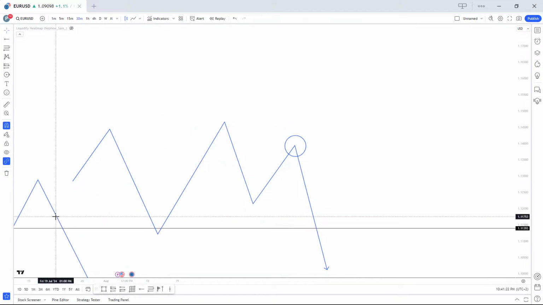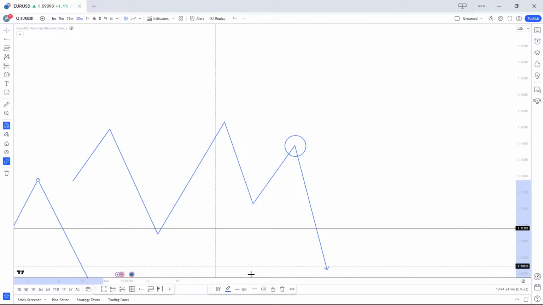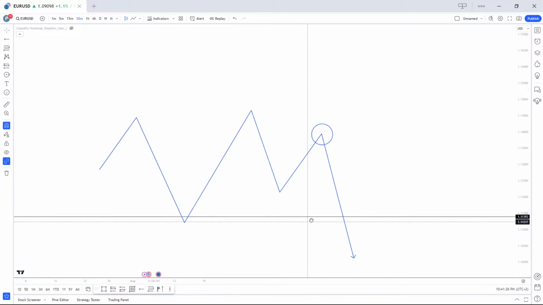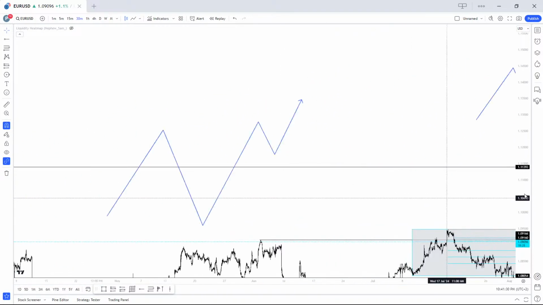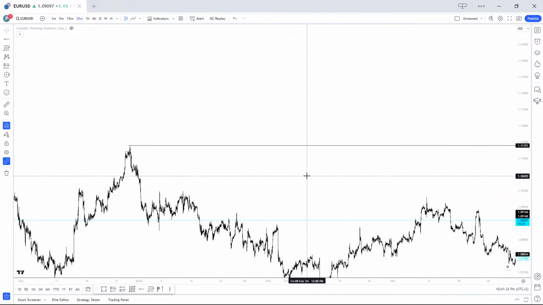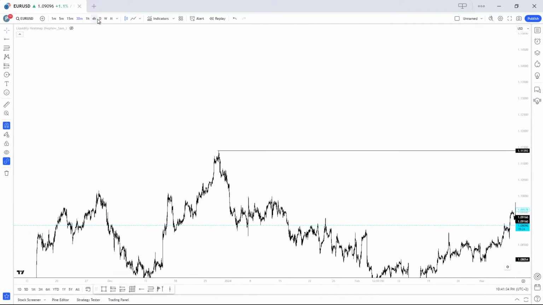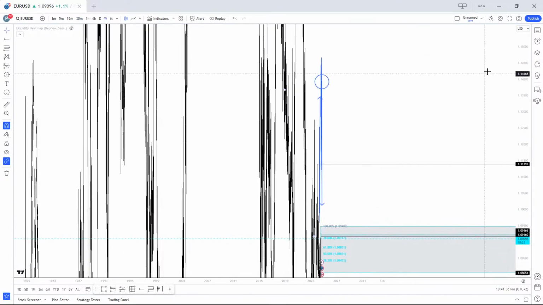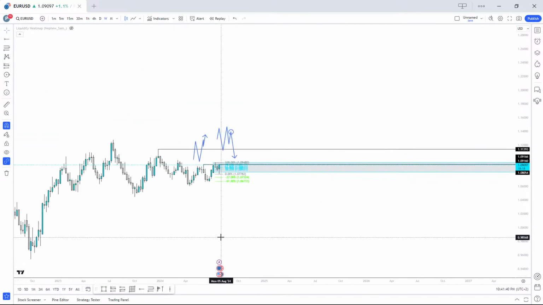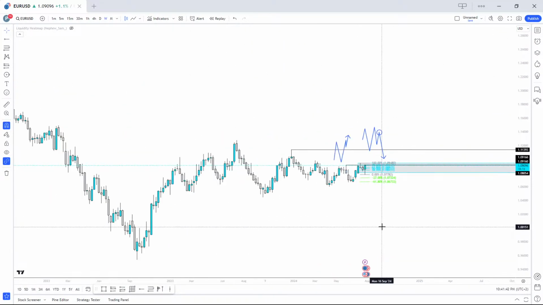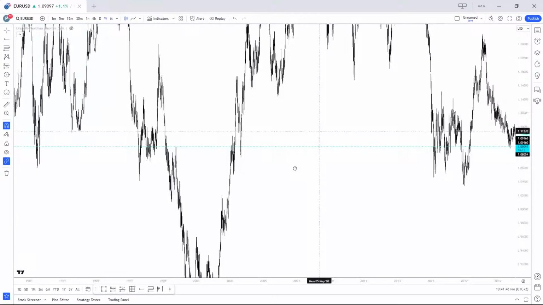And let's remove this one because we probably don't need it. Okay. What is this? What? Okay, so this is a liquidity area.